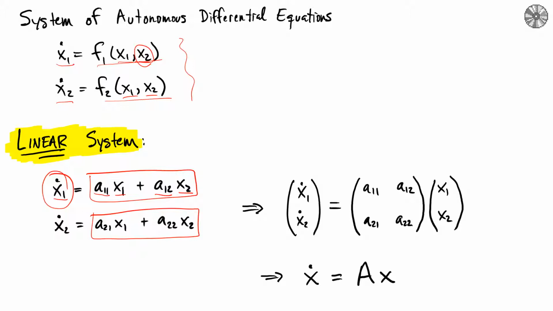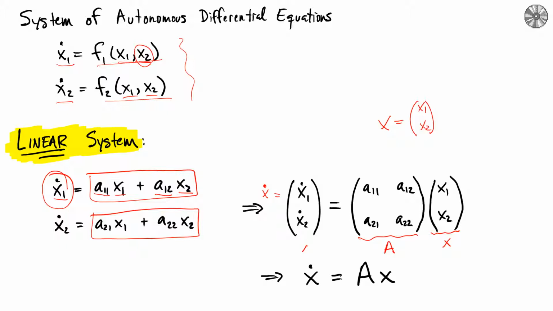We've written these suggestively because we can rewrite these two coupled linear differential equations as a matrix differential equation. We're going to lump together this quantity, so we'll define x as being the quantity x1 and x2. The derivative of x is going to be a matrix A times x again.